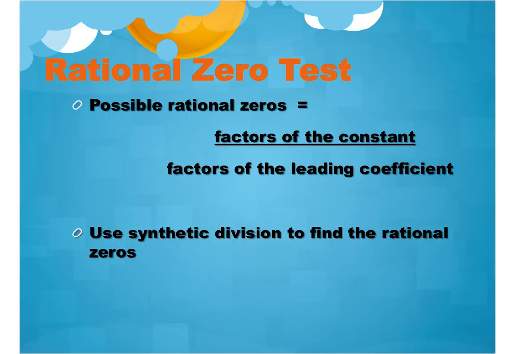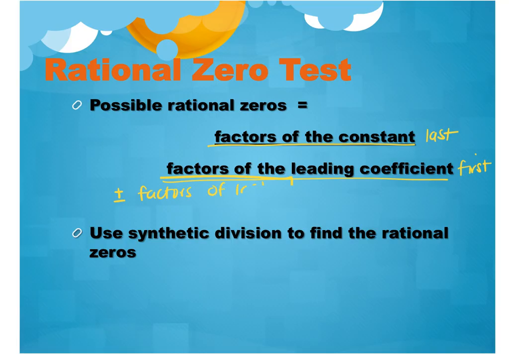Then what we do is find all the possible rational zeros by doing plus and minus all the factors of the constant, which is going to be the last term, over all the factors of the leading coefficient, which is the first term. So we also refer to this as plus and minus factors of the last over factors of the first.